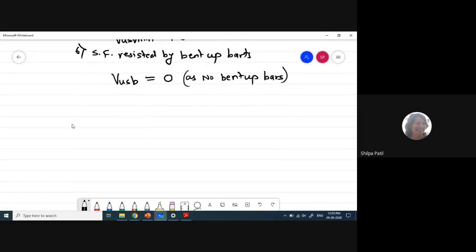Now, what is the next step? We have to calculate the total shear force which is resisted by the concrete, the shear force resisted by minimum shear reinforcement, and the shear force resisted by the bent up bars. So let us calculate VUC, the shear force resisted by concrete, plus VUSV minimum, the shear force resisted by minimum shear reinforcement, and VUSB, the shear force resisted by bent up bars.